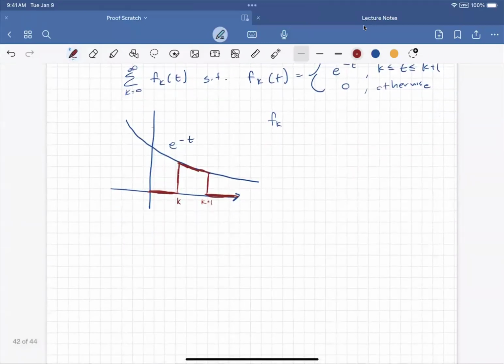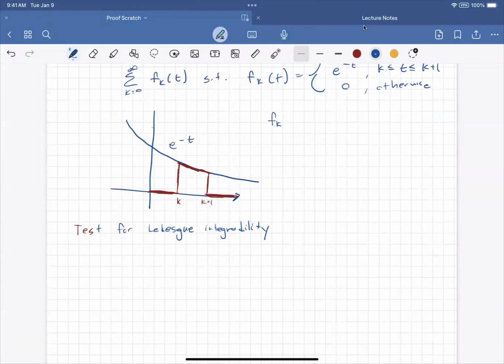And now we're going to test for Lebesgue integrability. We're going to do that by first calculating each kth integral of each member of the series.